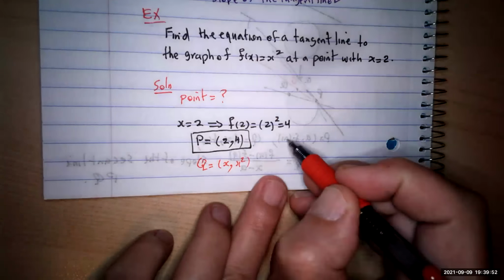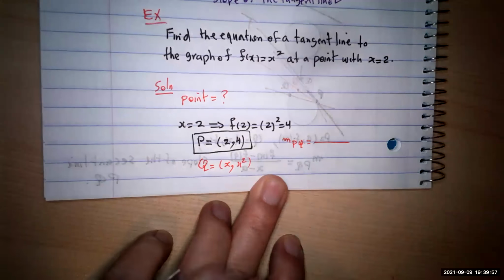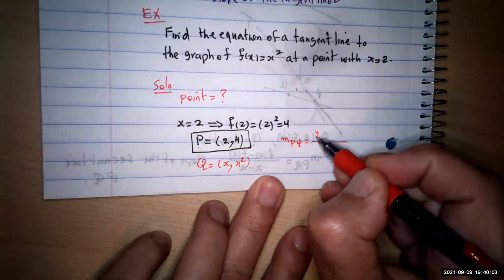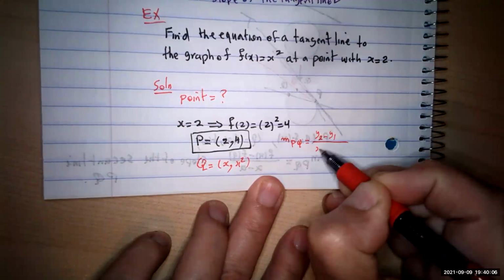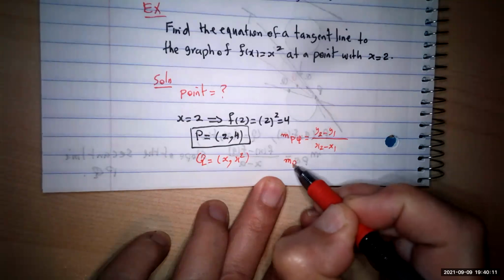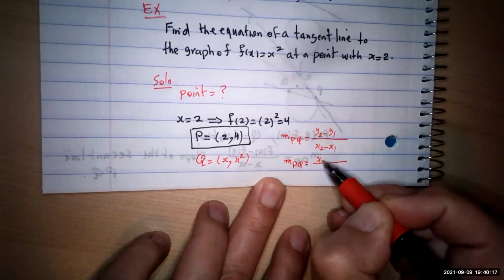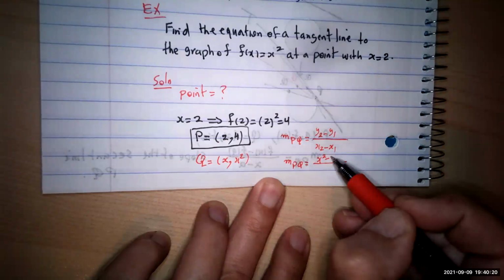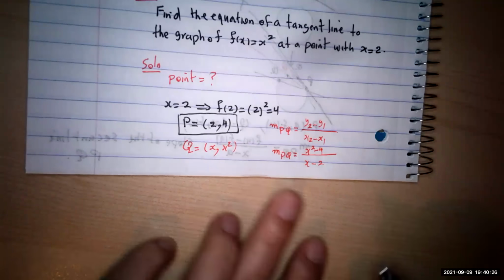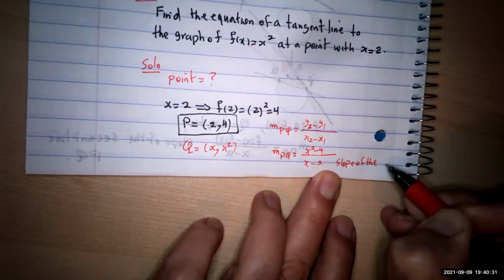Remember the slope m PQ is equal to the formula y2 minus y1 over x2 minus x1, substitute. So m PQ is going to be equal to y2, x squared, minus y1, 4, over x minus 2. That's the slope of the secant line.